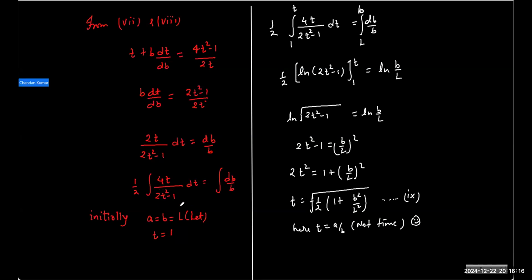If you know basic integration, it won't be difficult, and that will lead to a relation which is t, which is a by b, and this t turns out to be this value. Now this is a by b. Again, as I discussed, this is a by b, not time. So now once we get a and b relation, because now we have a completely written in terms of b, we have the explicit relation of a in terms of b.